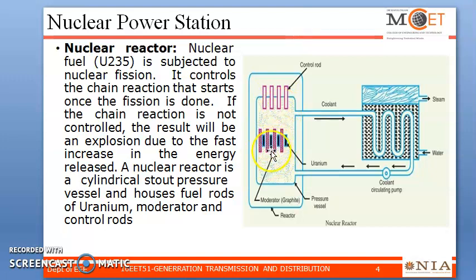The moderator controls the movement or flow of neutrons. In this pressure vessel, heat gases are created, and these heat gases flow through the turbine. This is the inbuilt structure of the nuclear reactor.